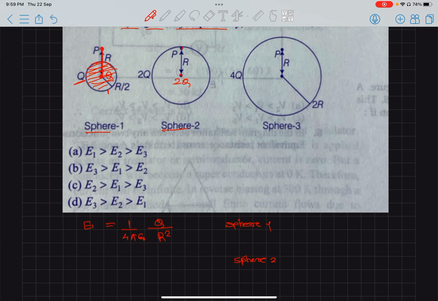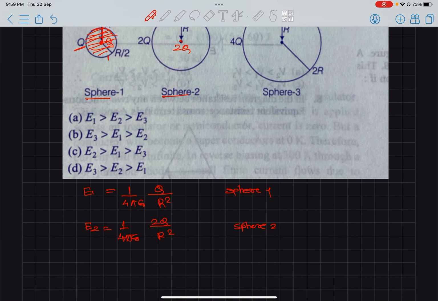Okay, so E2 will also be easy to find out: 1 upon 4 pi epsilon naught, 2q upon the distance, which is again r square.